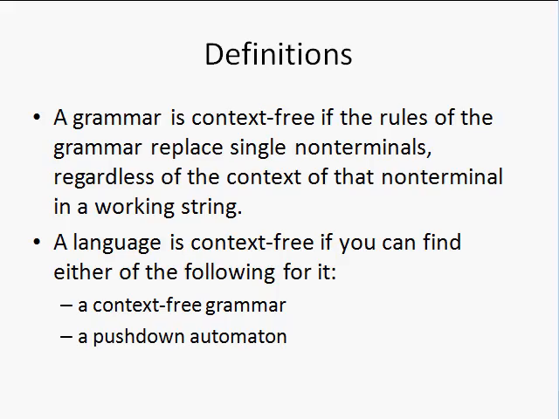I need you to understand the difference between a context-free grammar and a context-free language. A context-free grammar, those are the only really kind of grammars that we've seen so far. In a context-free grammar, the rules are structured so that they replace a single variable or non-terminal with some replacement text.